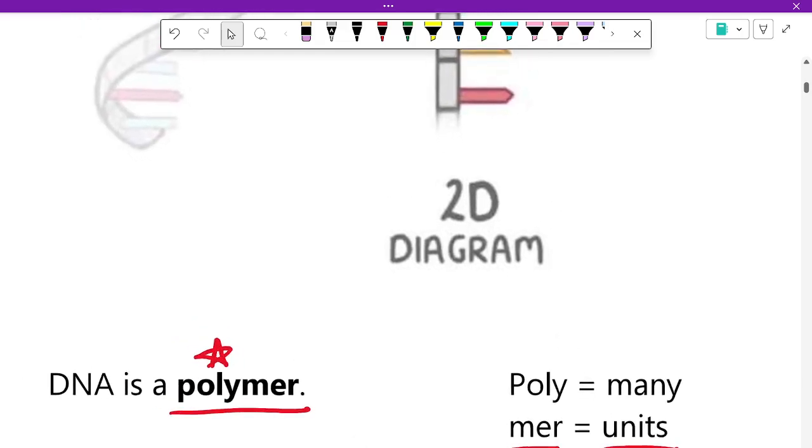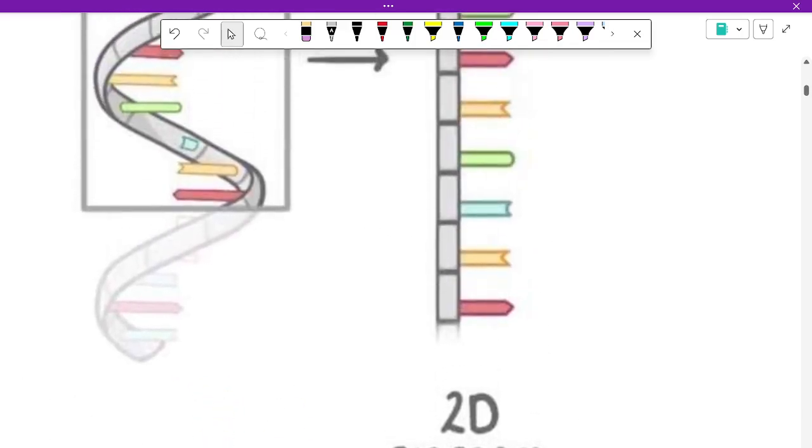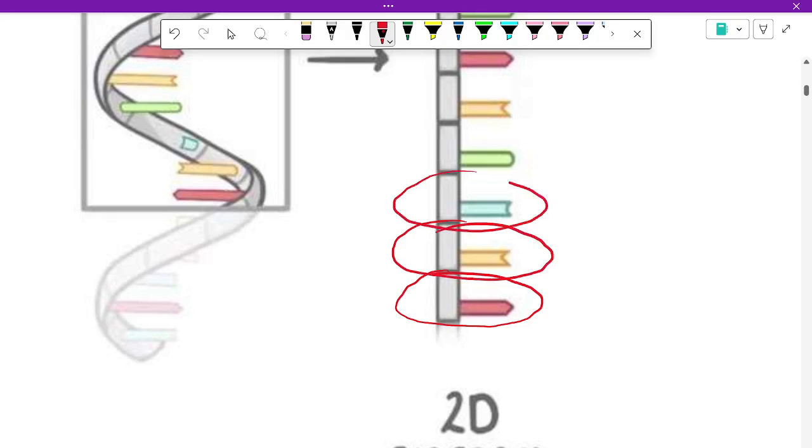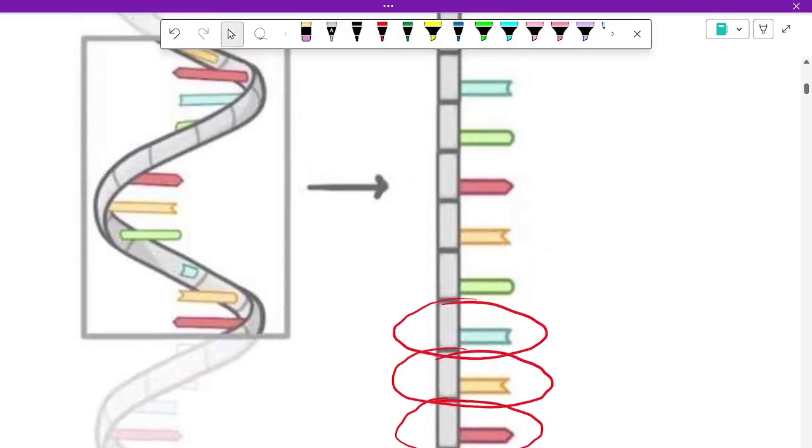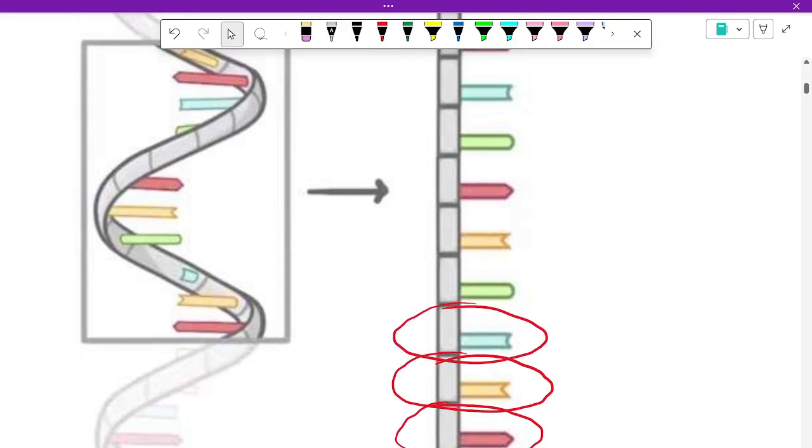DNA is a polymer. Do you see here that we have a unit here and a unit here and a unit here? Do you see how it's got all sorts of little units that look very similar to one another and they're just stuck together in a big long chain? That is a polymer, many small units stuck together.